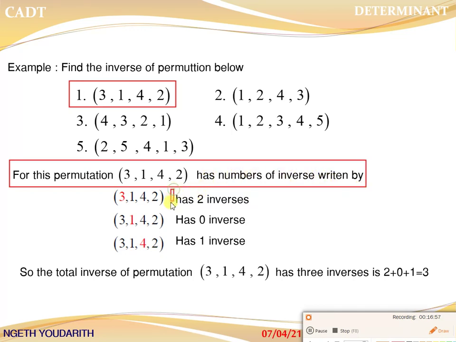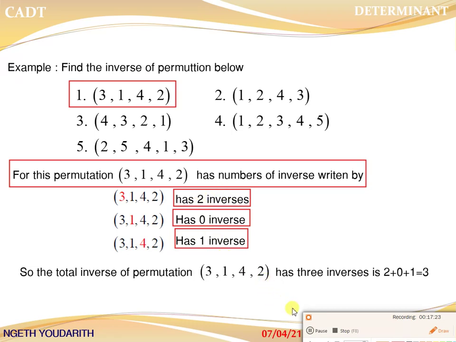This one has 2 inversions, this one has 0 inversions, and this one has 1 inversion. So why does this one have 2 inversions, this one 0, and this one 1? First we look from the left to the right.